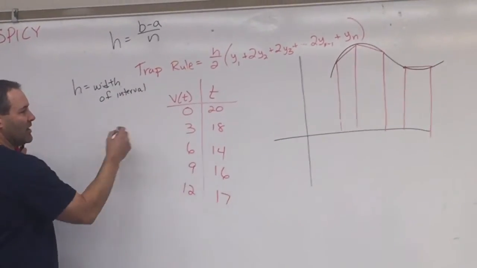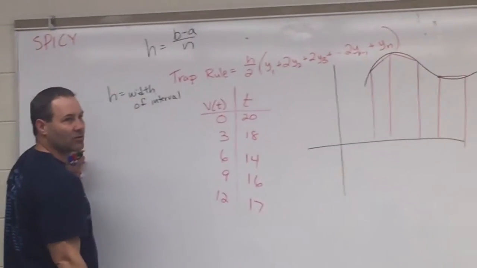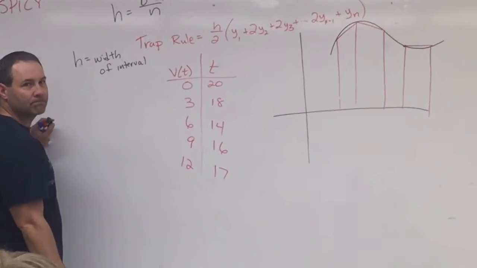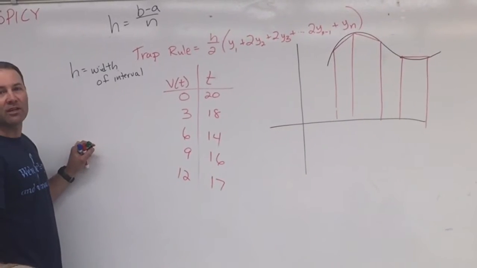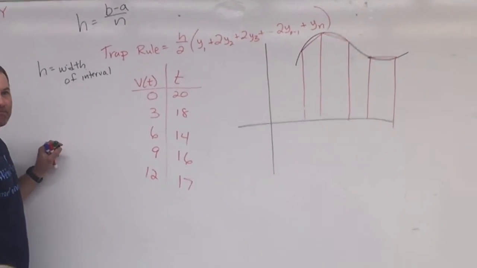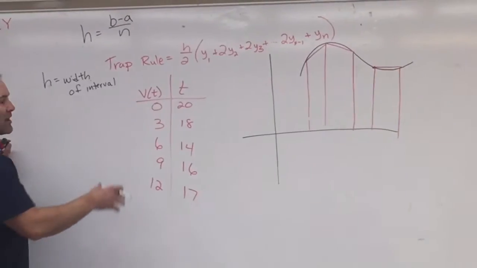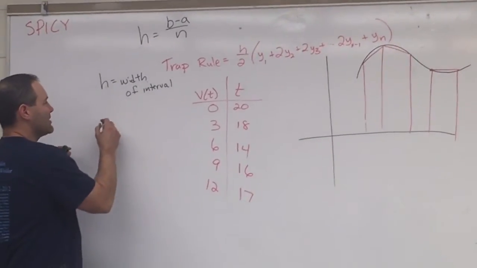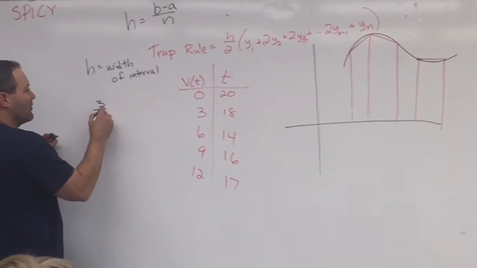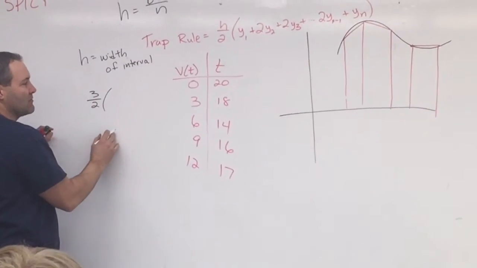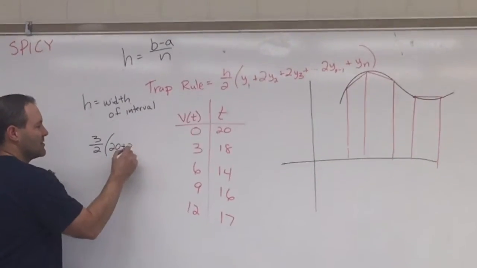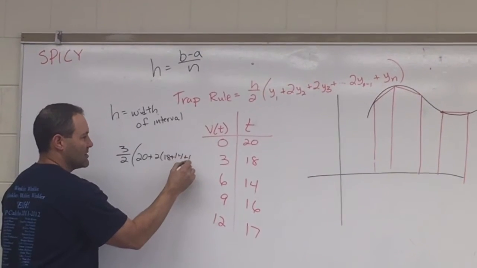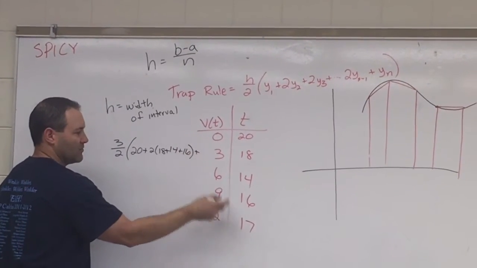In this case, the area under the curve is the distance, or it might be displacement if it's negative, but here it's always positive. So our distance would be 3 over 2 times 20 plus 2 times all of these: 18 plus 14 plus 16, and then plus our last one, 17.